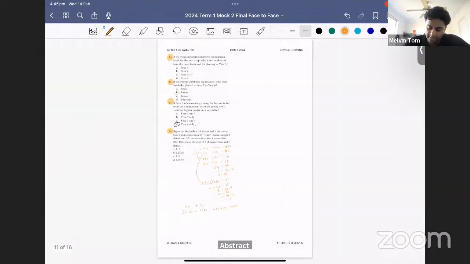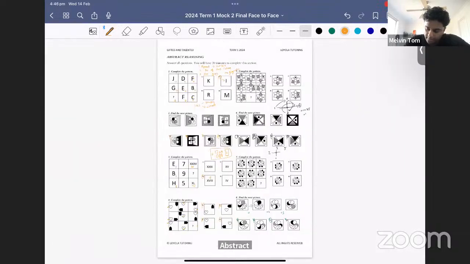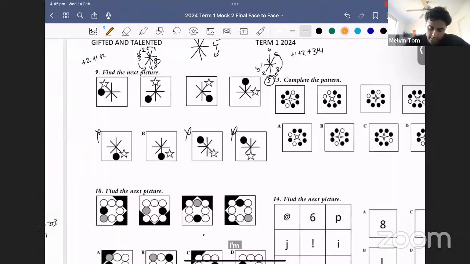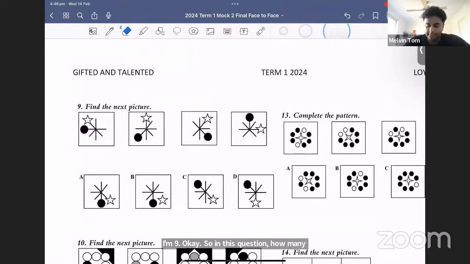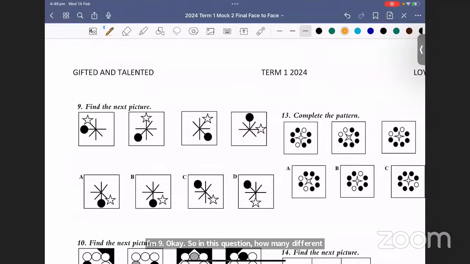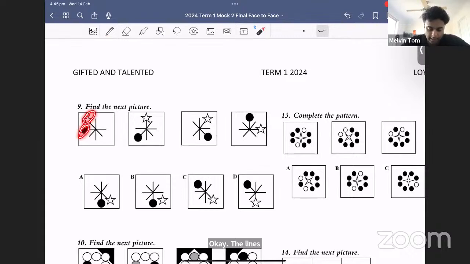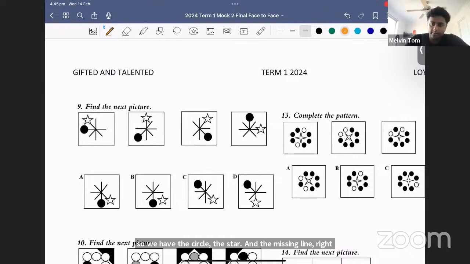All right. 9. Okay. So in this question, Ahad, how many different features do we have? The lines. Yeah, so we have the circle, the star, and the missing line, right?